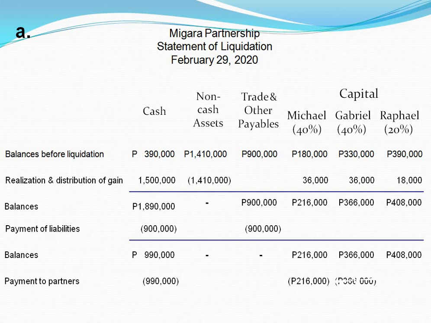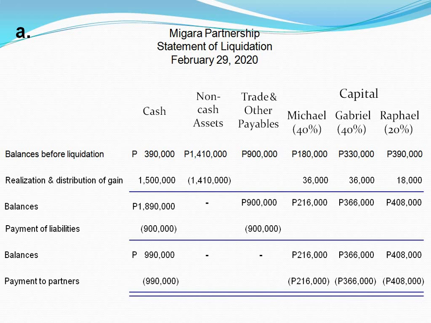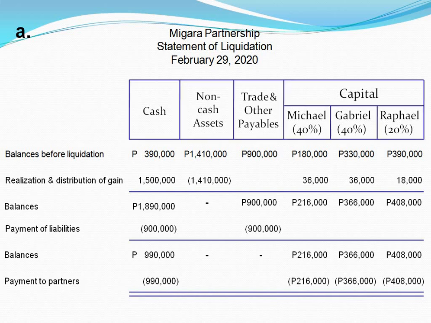Gabriel gets 366,000 in exchange for his capital balance, while Rafael receives 408,000 in settlement of his interest. After that, there is no more balance in any of the accounts of the partnership because the partnership is no more, having been already liquidated.